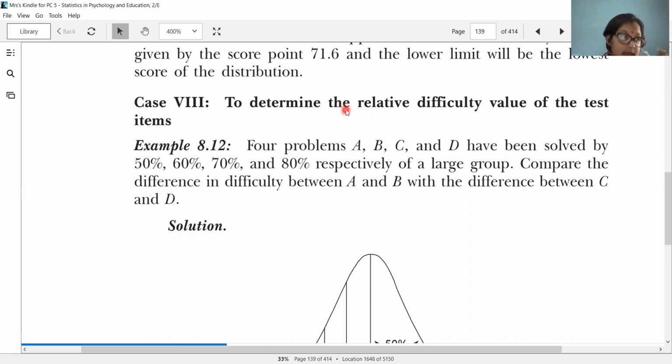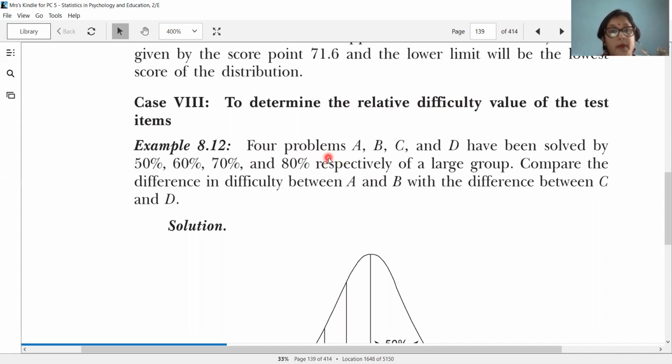From this concept, we can understand that the normal curve can be used to find out the difficulty value of test items given in a scale, and the relative difficulty values of the items given in a particular scale or inventory. So it is the point to understand here, and I'll go through this problem.